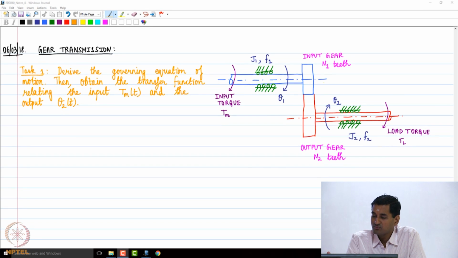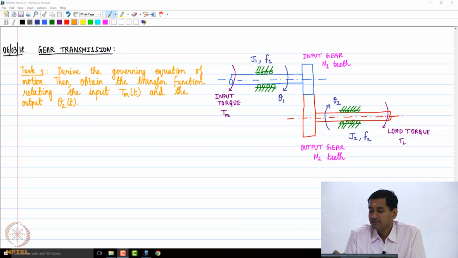So we have the input shaft, to which an input torque of Tm is given. For example, this input torque could come from a motor, which is driving the input shaft. And that input torque is going to drive the entire shaft and gear assembly.